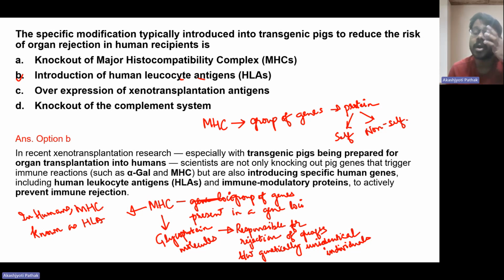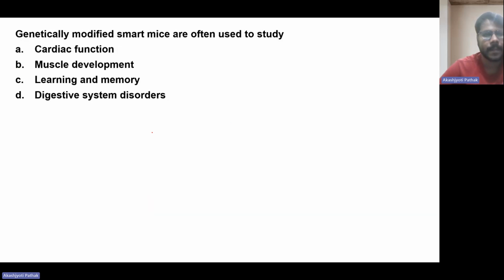That is why you cannot transfer an organ from any individual, not only between species, but even from one human to another, because it gets rejected due to these MHC molecules. Humans express different types of these glycoproteins. You will read about all this in immunology as well.